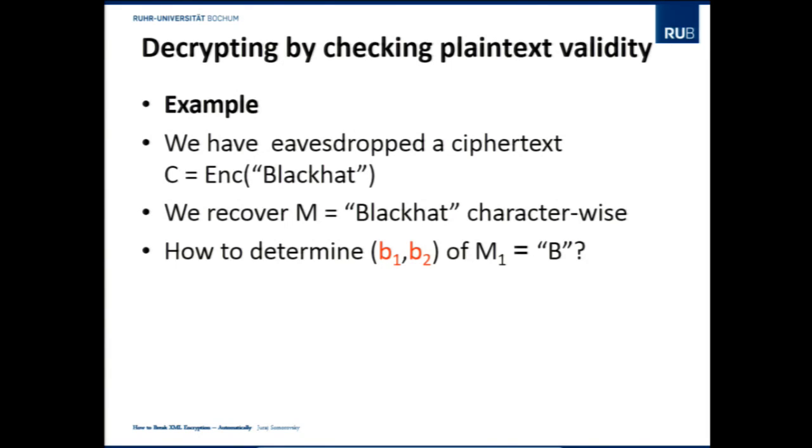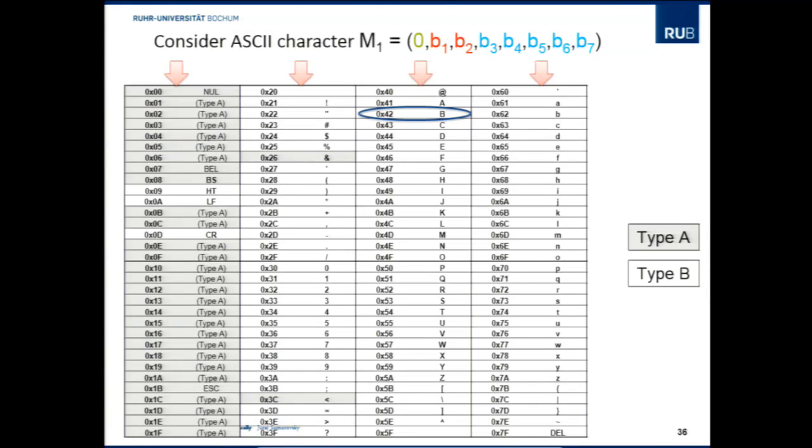Imagine we have eavesdropped a ciphertext which contains the encrypted plaintext black hat, and we want to recover the first character, or bits 1 and 2 of this character, B. The attacker does not know where we are, and he wants to recover this. Imagine we are in this third row on the character B, and what happens now if we flip bit 2, without knowing this?